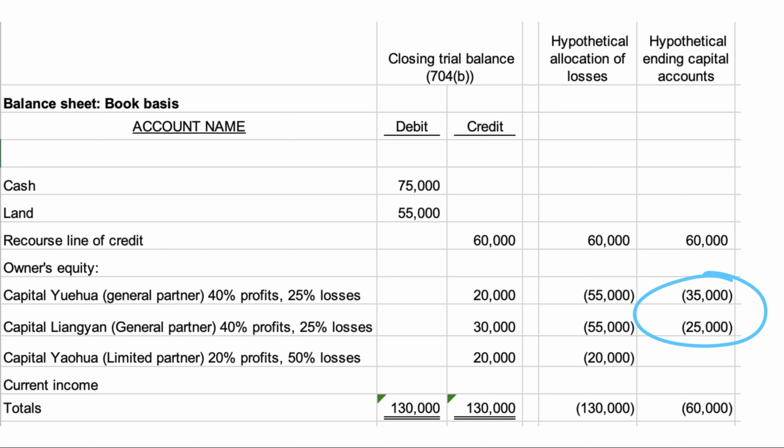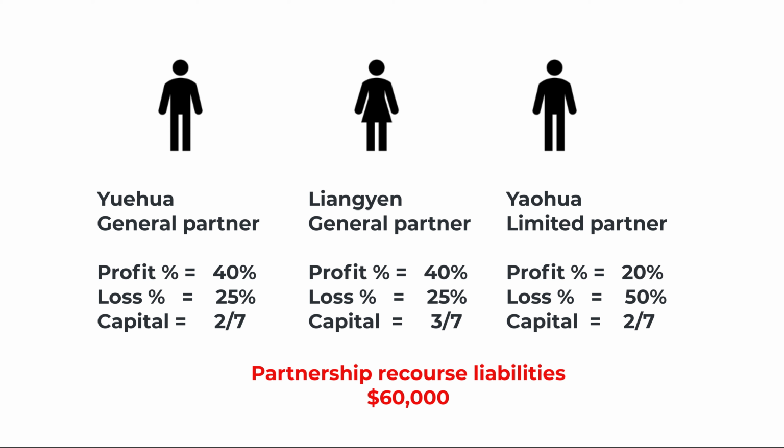This is how we estimate the economic risk to each partner related to the $60,000 recourse debt. In real life, it may not work out this way, but this is the method the Treasury regulations tell us to allocate recourse liabilities in a partnership as a reasonable estimate.